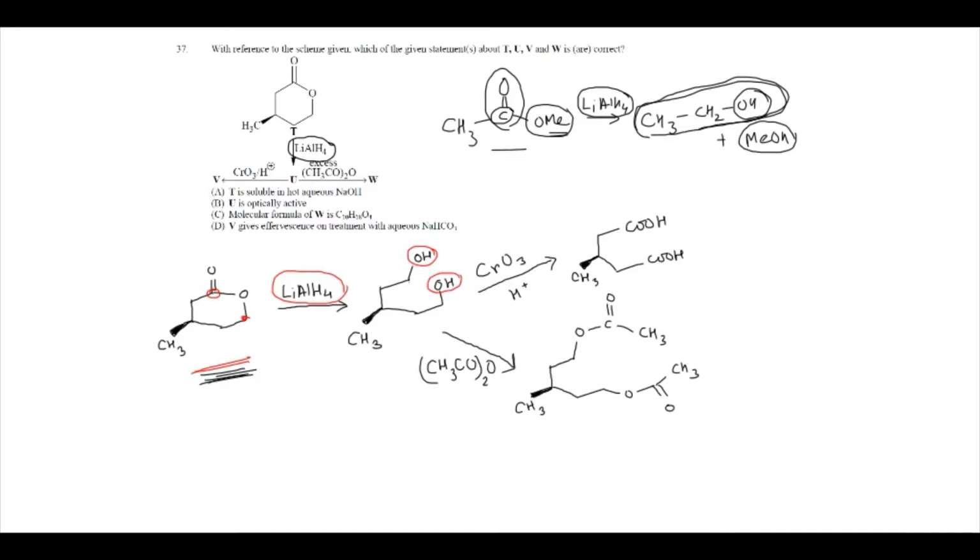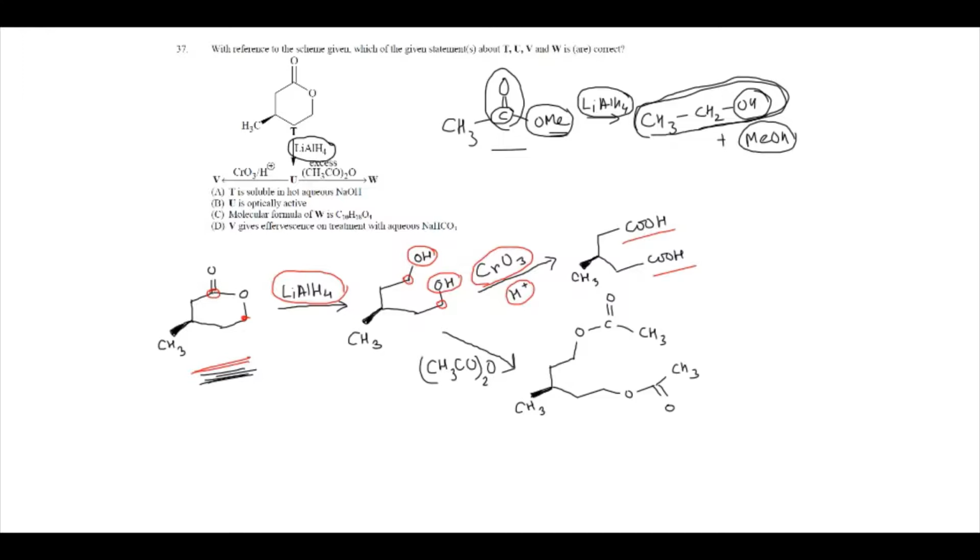That means it is not getting away from the compound. The 2 OH groups are connected within the compound. Now we are oxidizing it in presence of CrO3. CrO3 oxidation in presence of protons will oxidize these 2 carbons to carboxylic acid. So these 2 carbons will be converted to carboxylic acid. So this one will be the product.